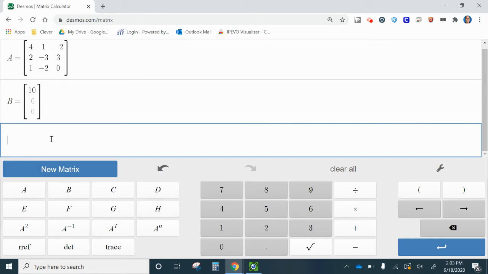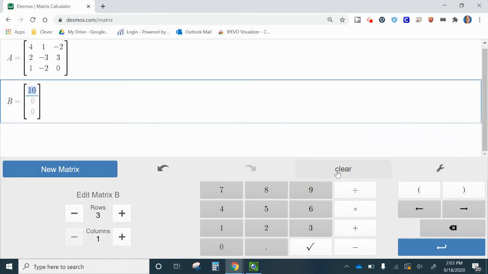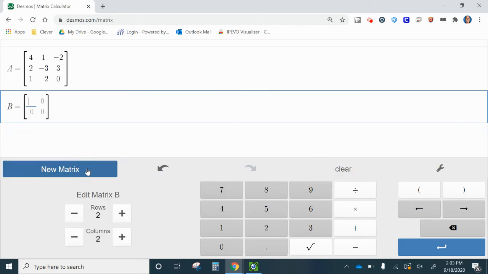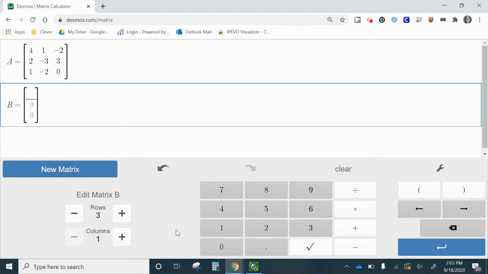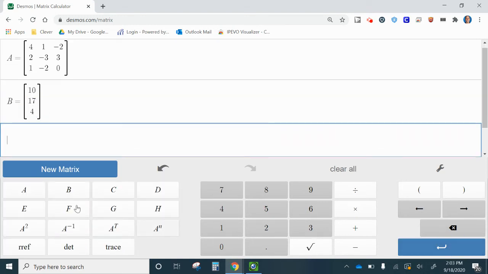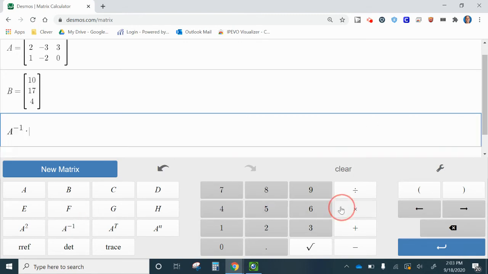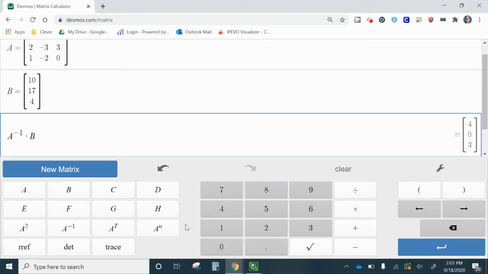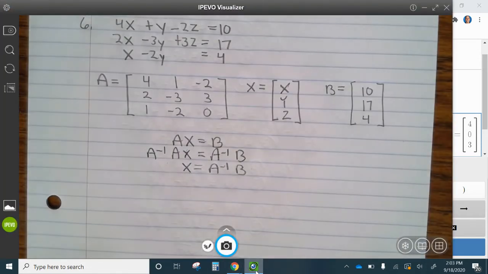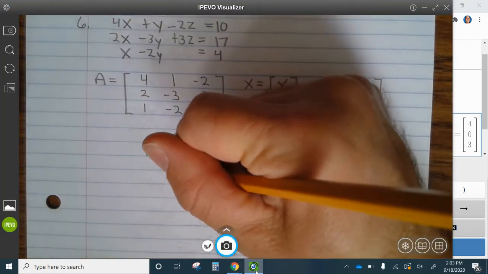Enter. Now we know A inverse times B is 4, 0, 3. So we know that X equals 4, 0, 3. So let's put that answer in. Check answer, correct.